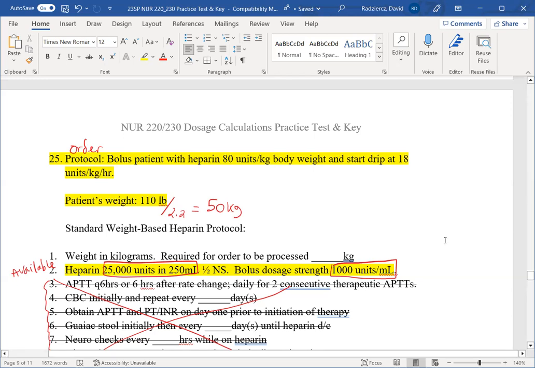Would it benefit you to see a variation of this? If you're good, you don't have to stay the whole time, but you have me for another half hour or so. I'm happy to work through another heparin protocol if you want to see it.